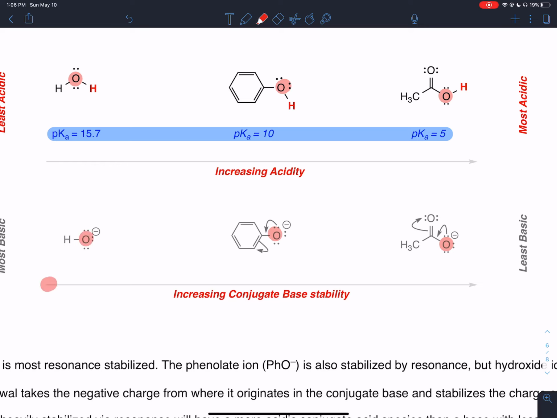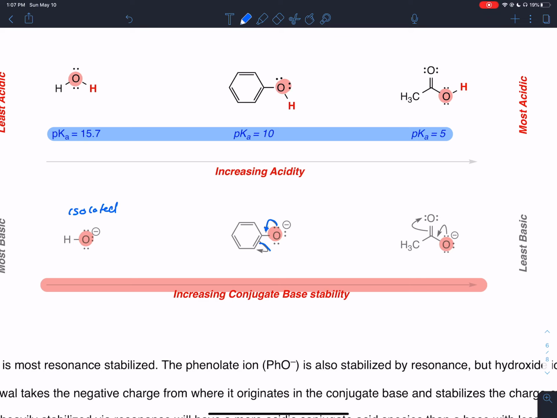And going from left to right, you'll see increasing conjugate base stability. Now, our far left example, OH minus, that negative charge is isolated, okay? It does not resonate. There's no other electronic force acting to stabilize the negative. The oxygen is on its own stabilizing the negative charge. In our middle example, you have an oxygen atom which is directly bonded to the pi system.